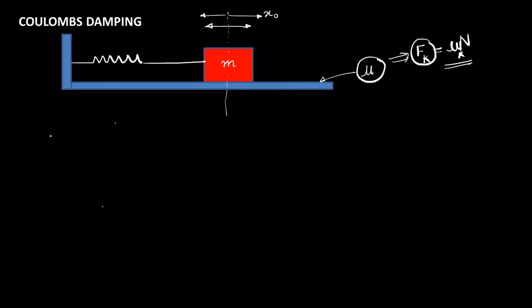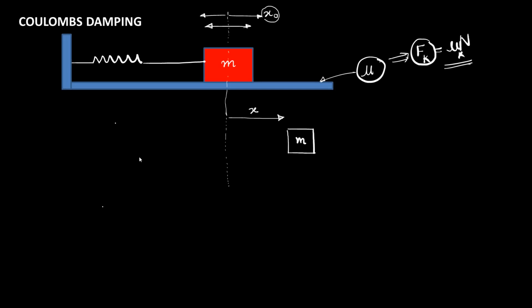So consider this is the mean position of the mass, and initially we have displaced this mass towards the right side by the initial displacement x0. Consider this is the displaced position of the mass towards the right. This vector represents the general value of the displacement or position, that is x.